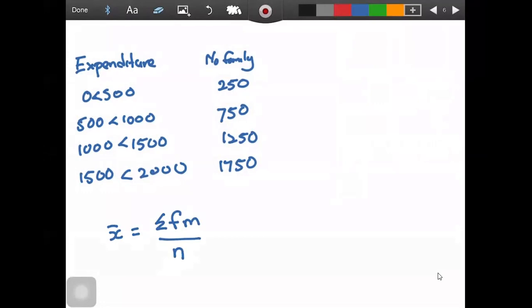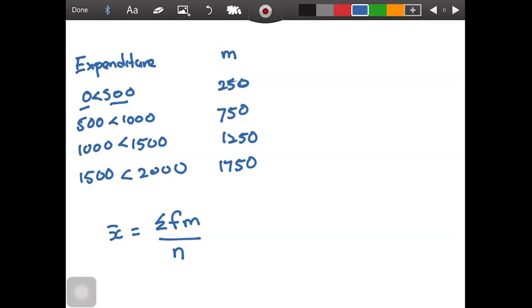So in this case, you need to calculate the midpoint. Midpoint here will be 500 plus 0 divided by 2, which is 250.